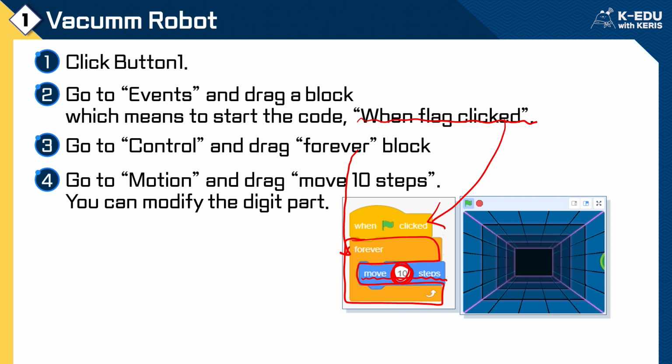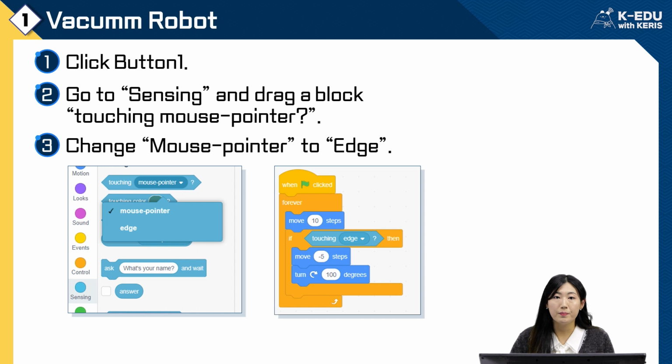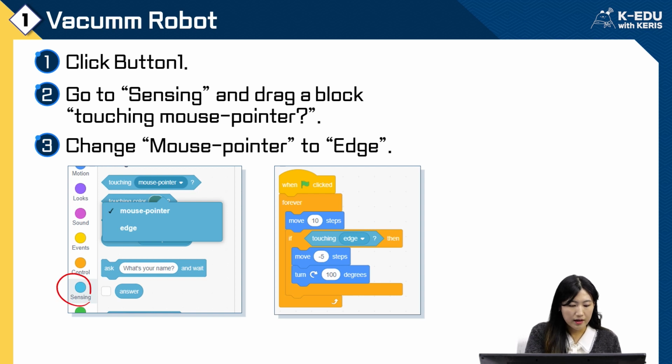These steps are because we have to make Button 1 keep moving in the backdrop space. We also have to prevent Button 1 from going out of the scene. So, click Button 1. And next, go to Sensing. Here it is.